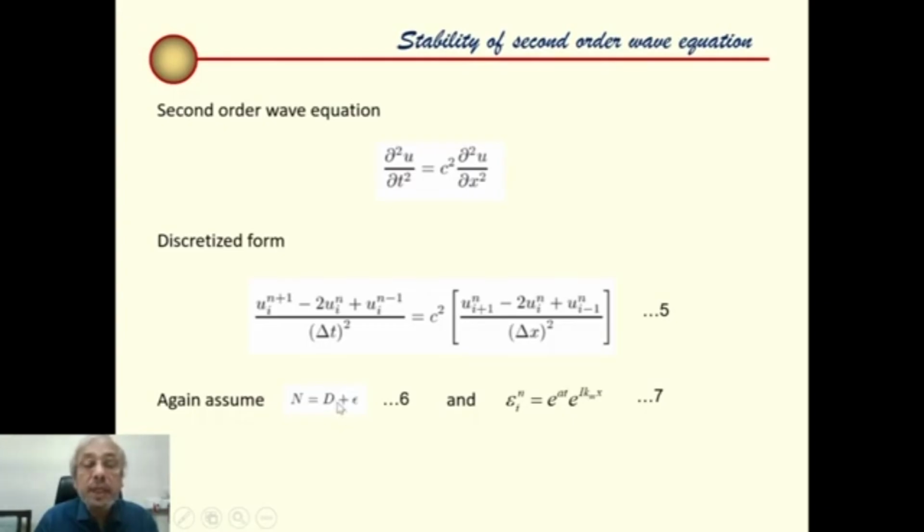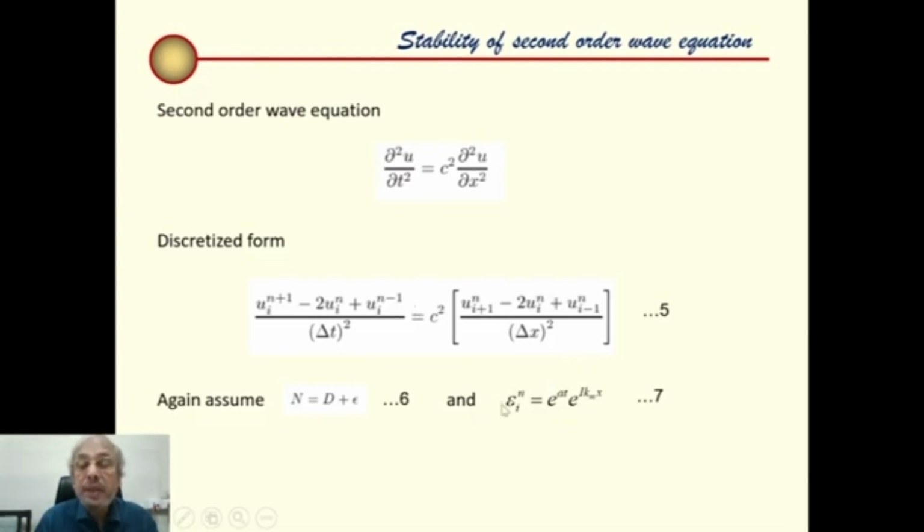When we get a solution from a computer, this rounding error has to be there. So d plus epsilon. We substitute d plus epsilon, then this equation holds good for d. We subtract the equation in d from the equation in d plus epsilon, and we get an equation for error in terms of epsilon.